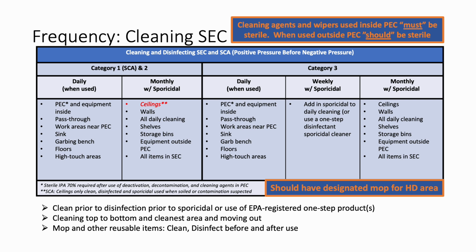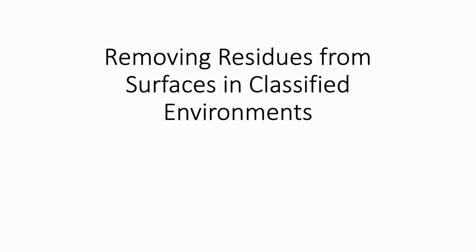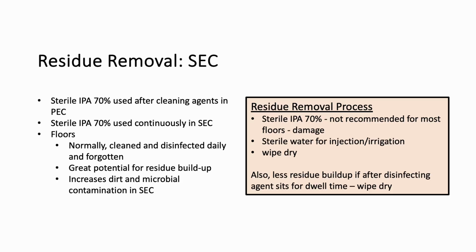We really can't move on from talking about cleaning and disinfection without talking about removing residues from surfaces in our classified environments. This is very important because all cleaning agents we use in our IV room actually leave residues behind. Once residue builds up, it becomes sticky and helps trap microbes, which is a contamination issue in itself.